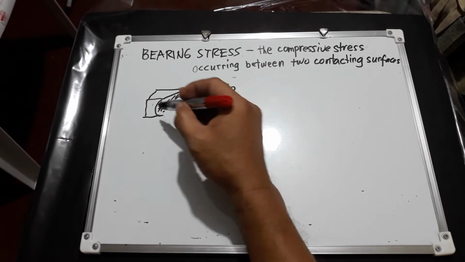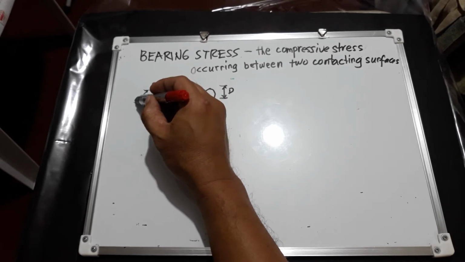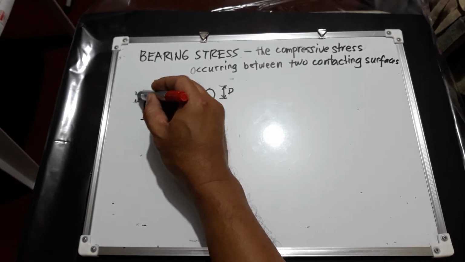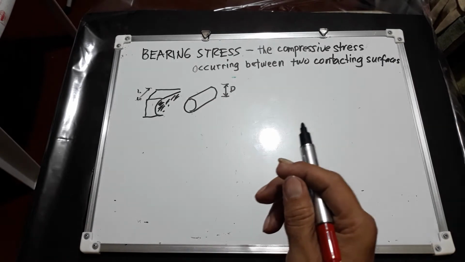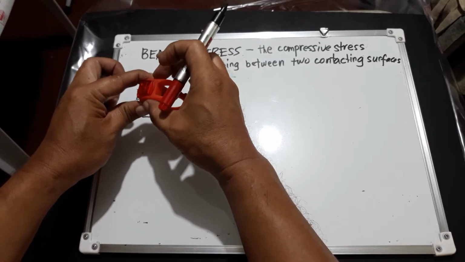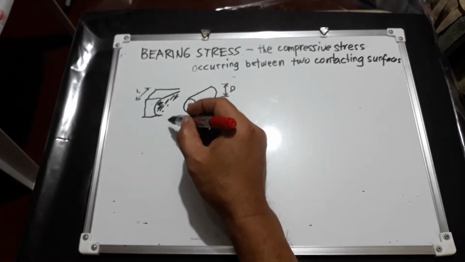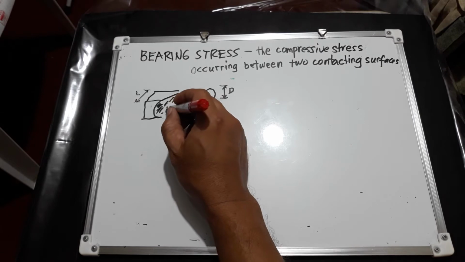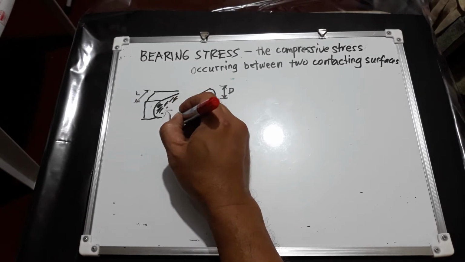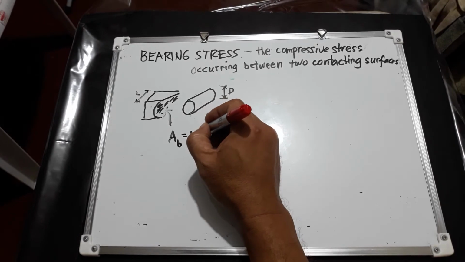And this one will have a distance L. So if it is like this, it has this distance L. Now, in order to find the contacting area, we call that one A sub B, the bearing area.